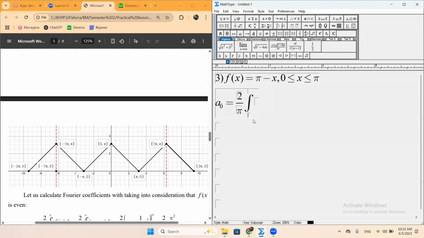We will integrate from 0 to p, and here will be 2 instead of 1, so 2 over p. So calculating this integral, what do we receive? 2 over p, px minus 1 over 2x square with the substitutions from 0 to p.